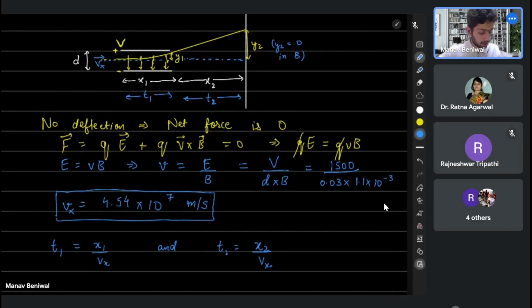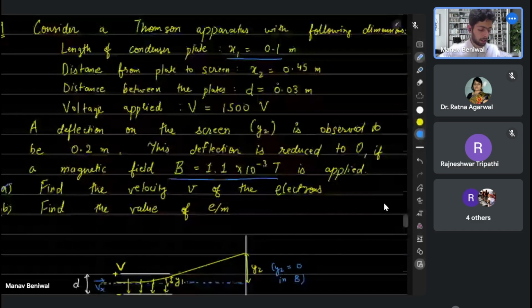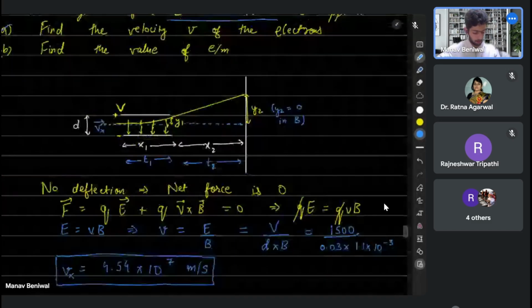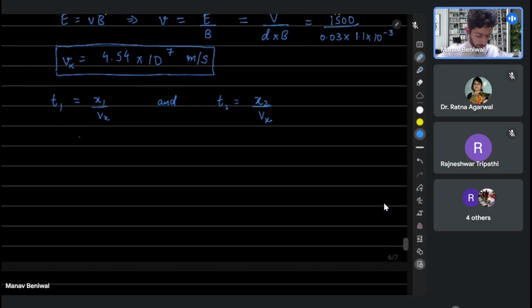So x1 is 0.1 meters and x2 is 0.45 meters. So just plugging in, this will be 0.1 and this will be 0.45, each divided by 4.54 into 10 to the power 7.